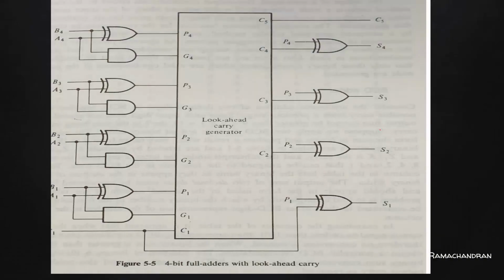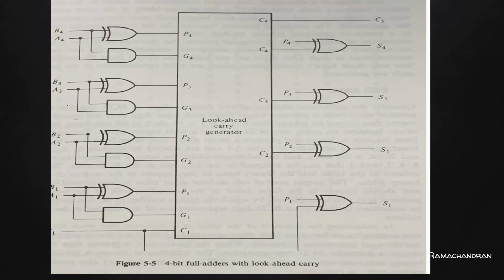And next is the same. Here we have this carry lookahead generator circuit, and this is the logic diagram in which the inputs are our instant inputs like initial carry input C1 and binary inputs A1, A2, A3, A4, B1, B2, B3, B4.